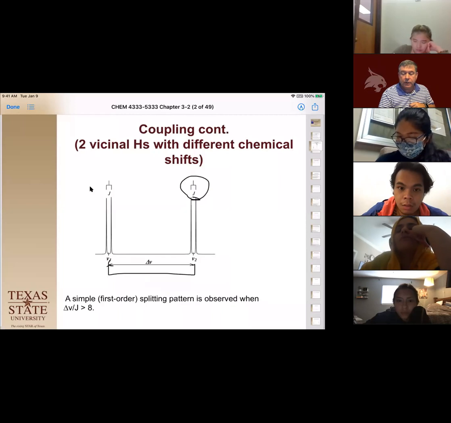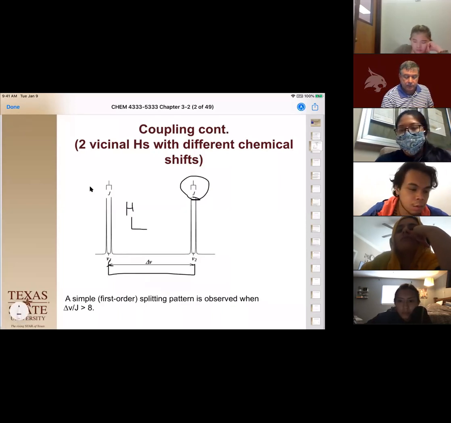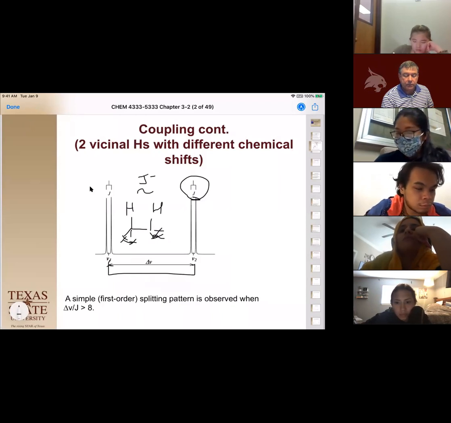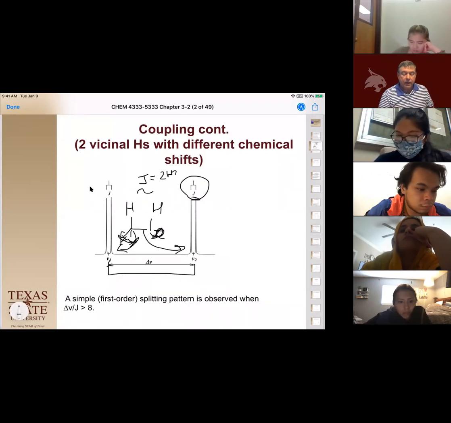Okay. So imagine this is hydrogen, and these are non-hydrogens over here somewhere. And our coupling constant between these, our J, is equal to, I don't know, 2 hertz. Okay, so this has X and Y, and this has something else. So this one is shifted up this way because of deshielding, and this one is shifted that way.